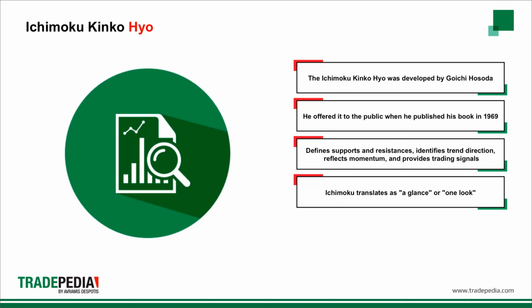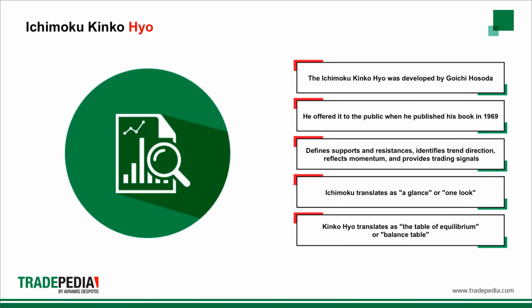Kinko Hyo translates to "table of equilibrium" or "balance table". So when you put them together, Ichimoku Cloud Kinko Hyo means that chartists can identify the trend, and also potential buy and sell opportunities within that trend, just with one look. That's essentially what it means.